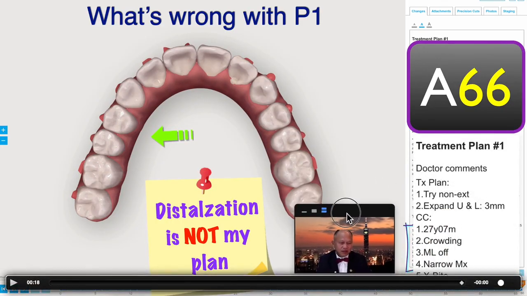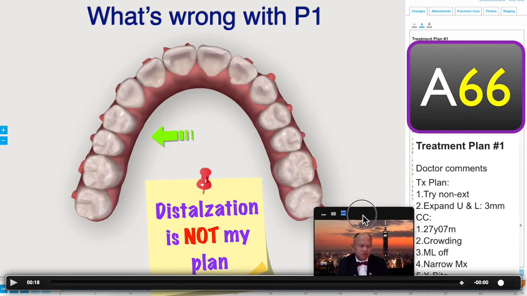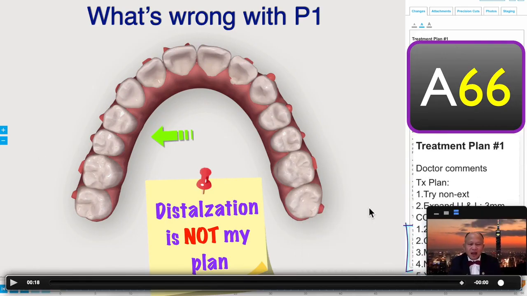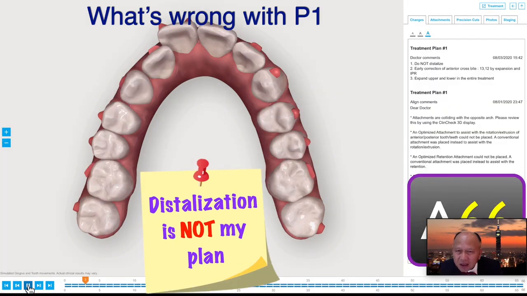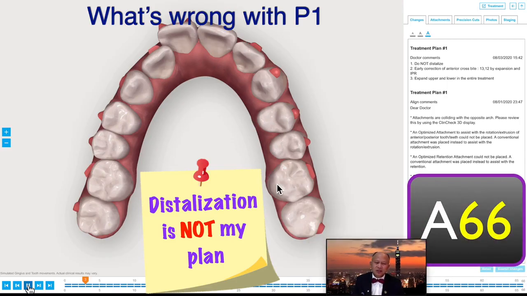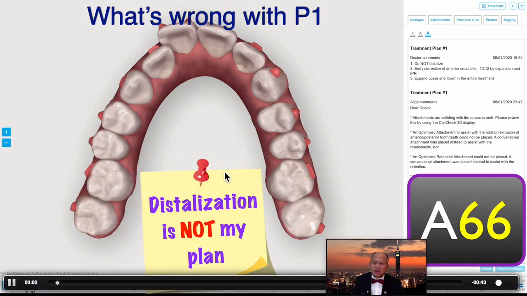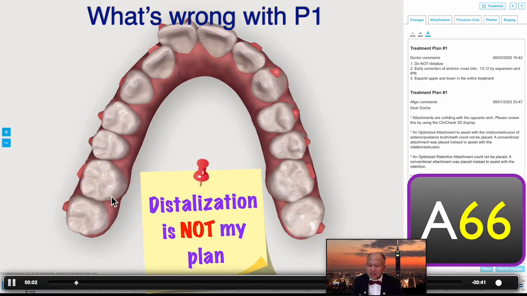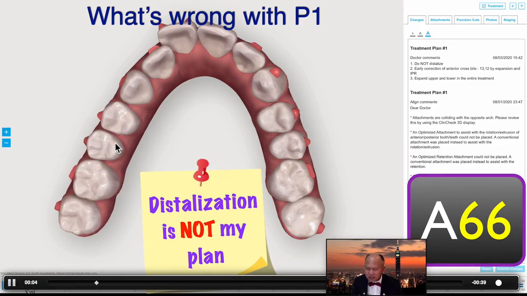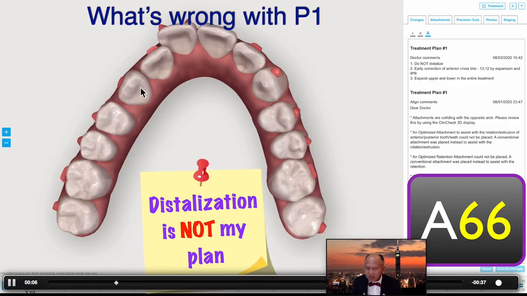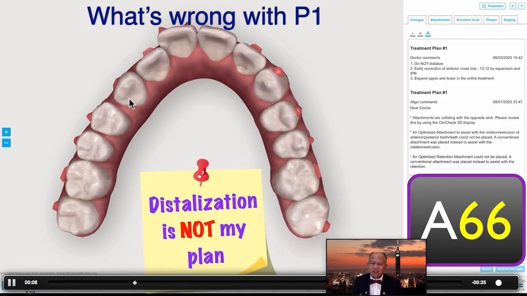Let me move right here. So my plan was non-extraction, expand upper and lower 3 millimeters per side. Right-hand side, left-hand side, both expand. I didn't say I want to distalize. So that's the mistake in that first ClinCheck. Did you see that distalization? Did you see that space opening up, opening up, opening up, because of the distalization?